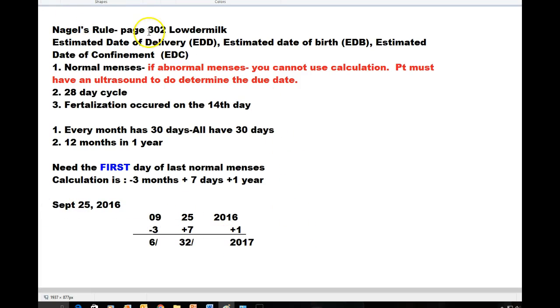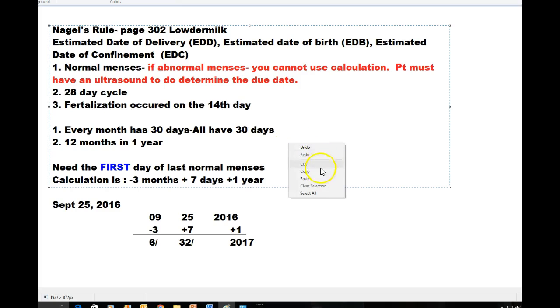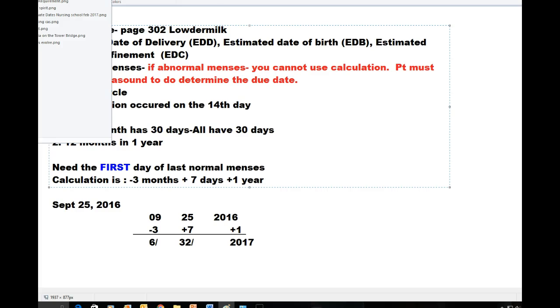So what we're going to do is, let me just copy and paste. Sorry. Here's what we'll do, we'll just do a new file.